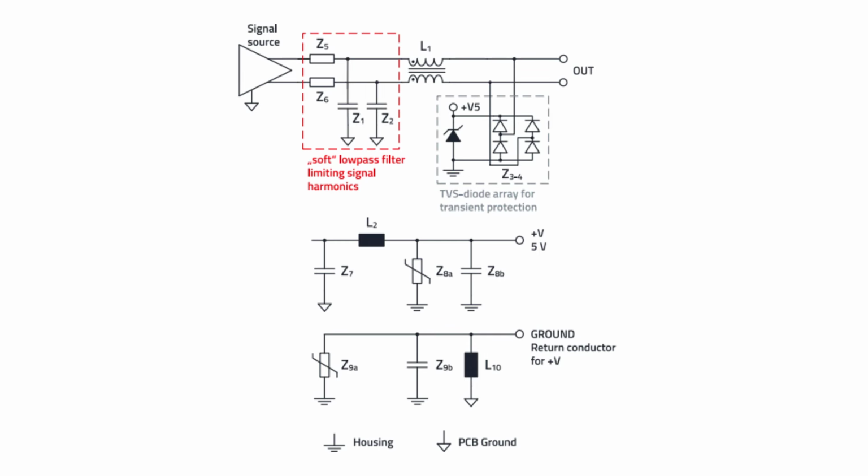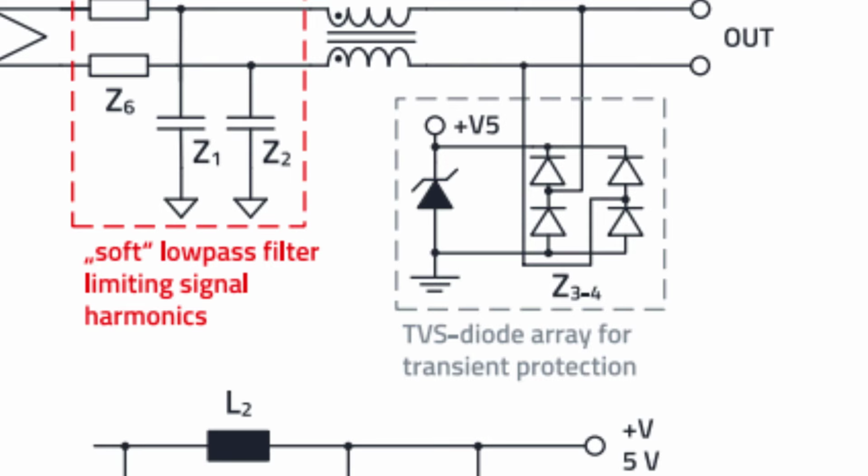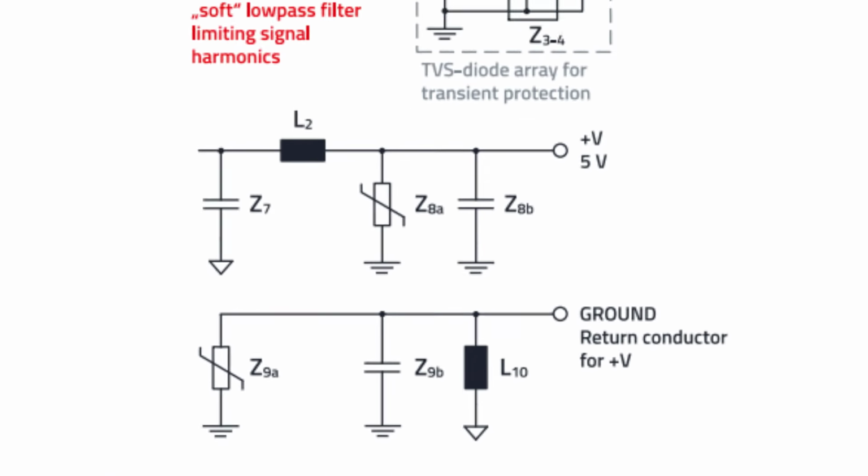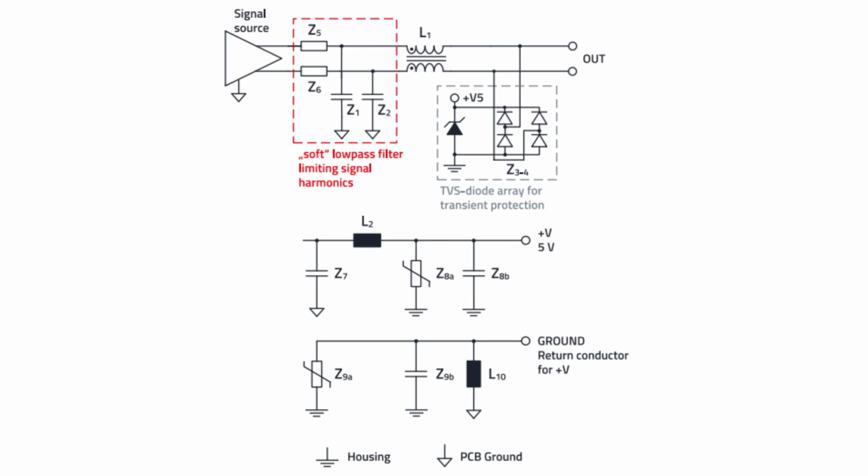We also need to determine our Z3, Z4, our L2, Z7, and Z8. Our TVS diodes are Z3 and Z4, and components like L2, Z7, Z8 all provide transient protection against voltage spikes and surges.